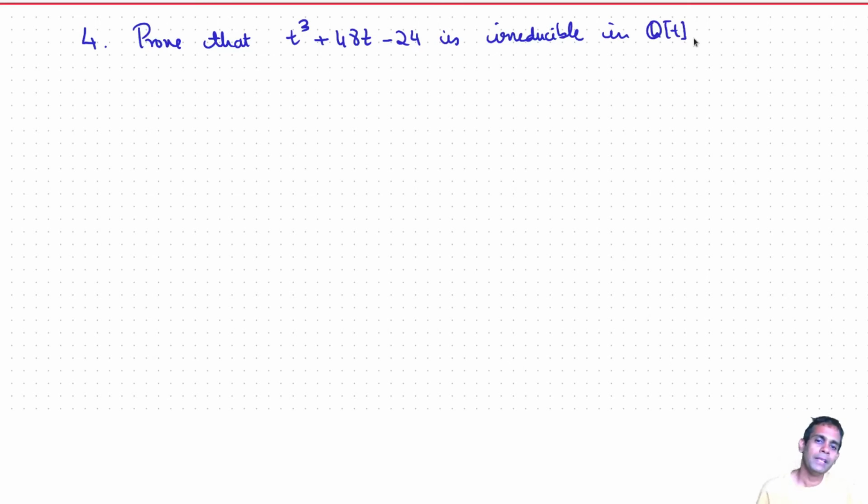Now you just have to find a prime p with which we can apply Eisenstein's criterion. So you look at the factors of 24. 24 has two prime factors, 2 and 3, but it's divisible by 4, so you can't use p equals 2. However, you can use p equals 3. It's divisible by 3, but it's not divisible by 9. So just take p equals 3 and apply Eisenstein's criterion.